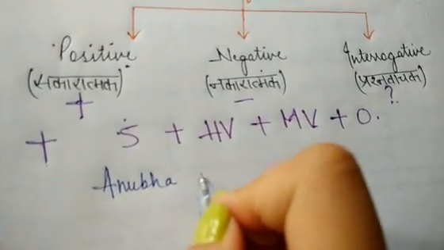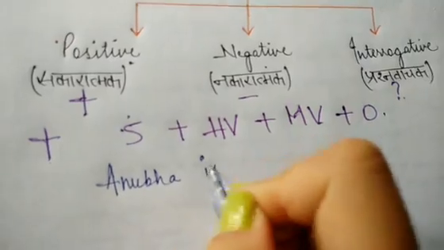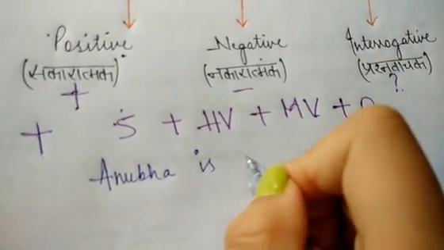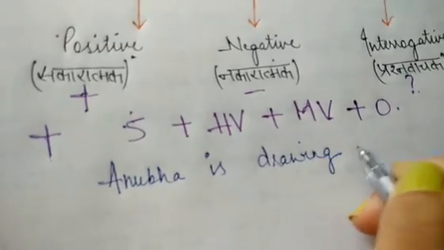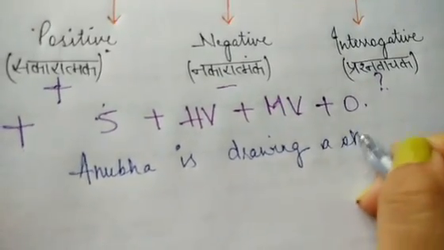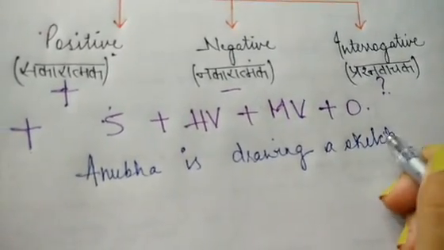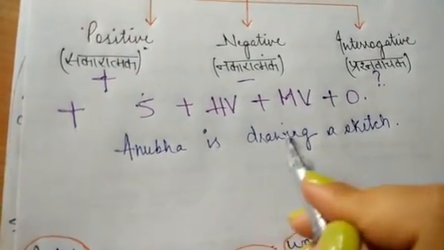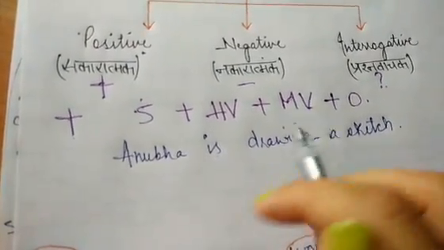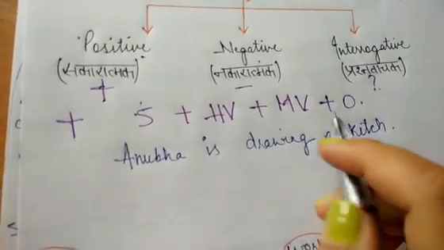Anubha is drawing a sketch. My sentence is Anubha is drawing a sketch. It is a positive sentence.